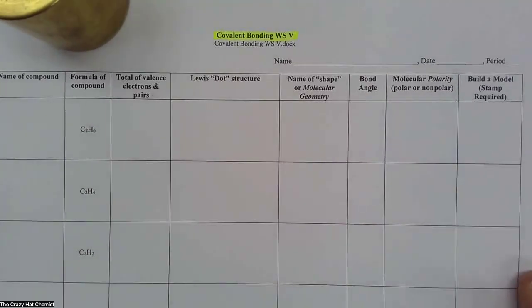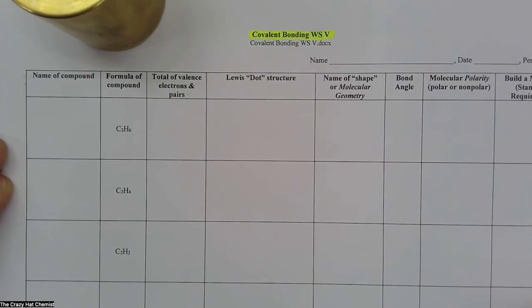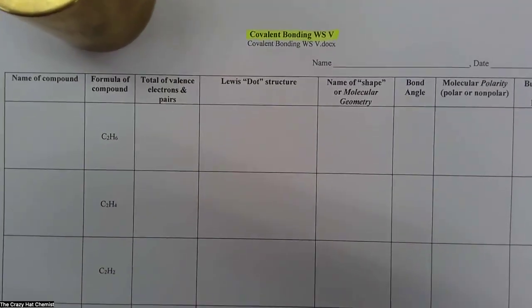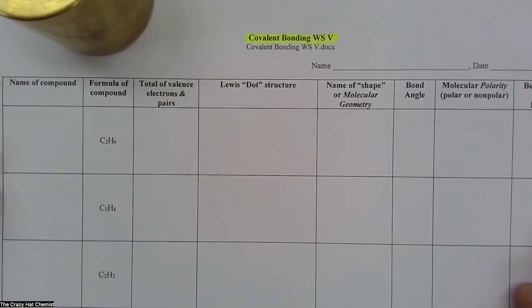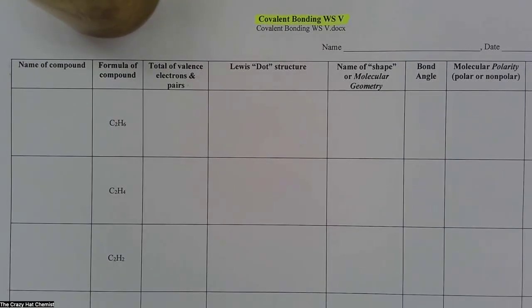You've got everything here that's required for today's activity. You are not going to be getting a stamp from me because this is just a YouTube video. But if you were in my class, you must build the model and show me everything before you get, quote, that stamp.